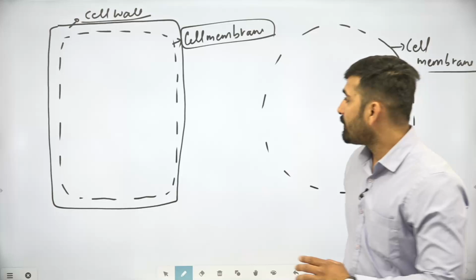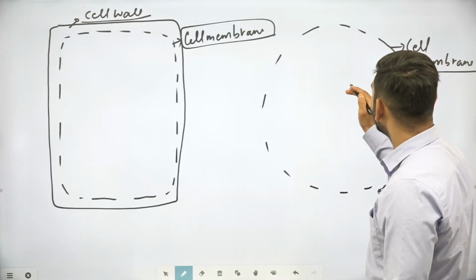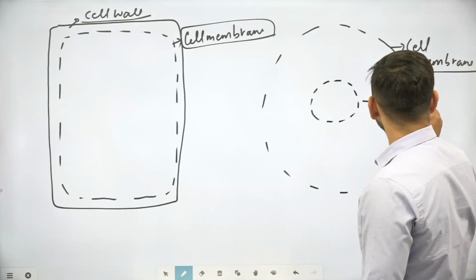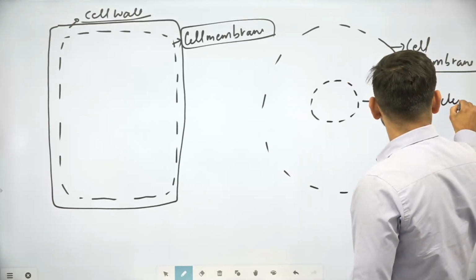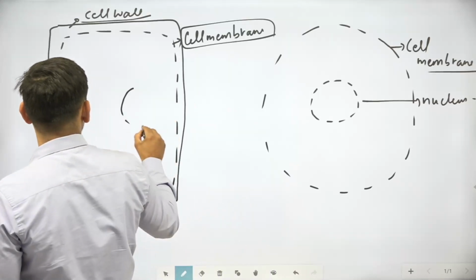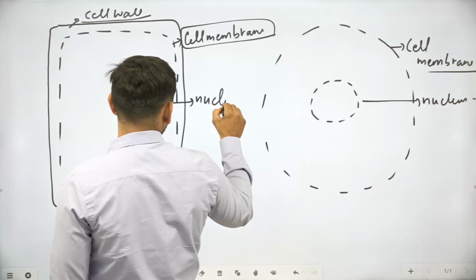Okay. If I go deeper and deeper, I will find that inside the cell membrane there is one more spherical portion, and this is called the nucleus. The same is true for any plant cell. Plants also have a nucleus inside them. So this is the nucleus of a plant cell.